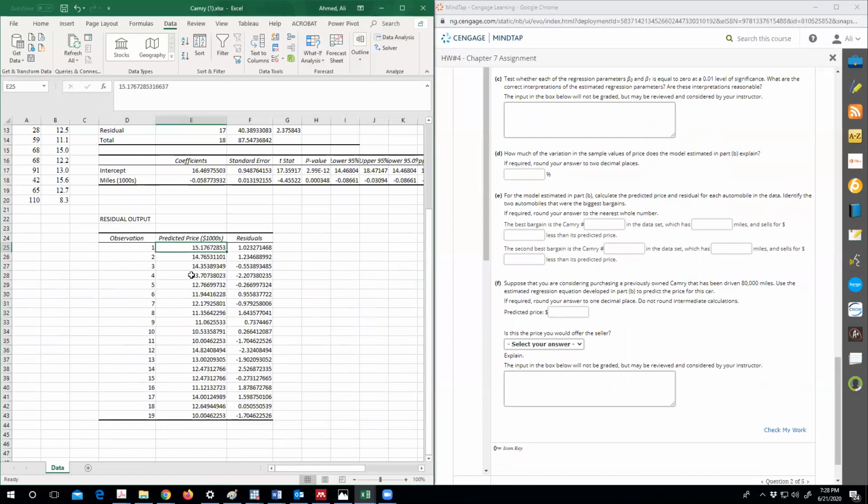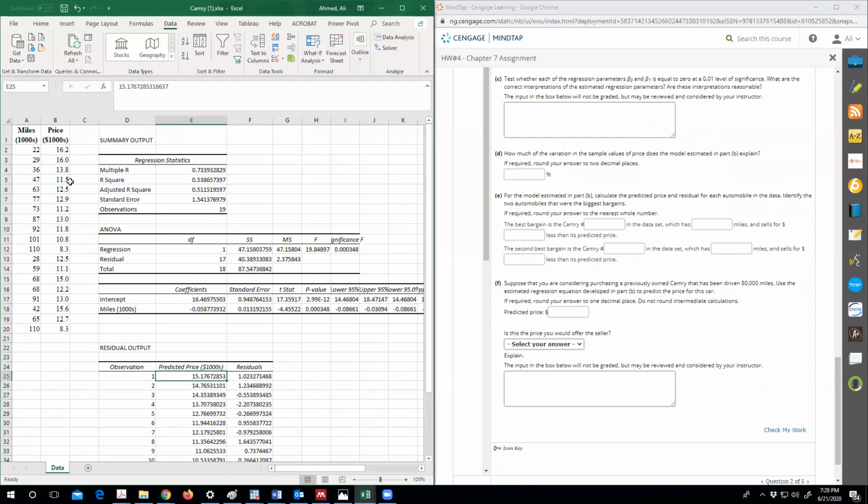These are the predicted price for each of the observations. Starting from here, 1, 2, 3, all of them have a predicted price. There's a residual, so there's an error. So which is the best bargain? If you predict a price which is higher than what is actually in the market, that's a good bargain.